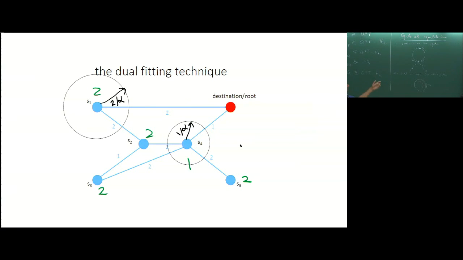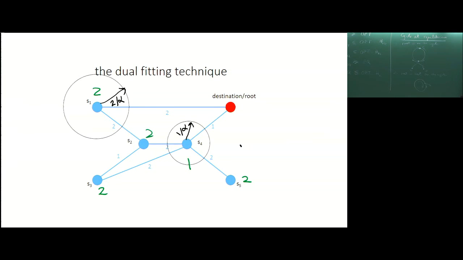Okay, so for example, this agent S1, or this agent at the corner on top, had a cost of 2, so I have drawn a circle of radius 2 over alpha around it. The agent there had a cost of 1, I've drawn a circle of radius 1 over alpha around it.